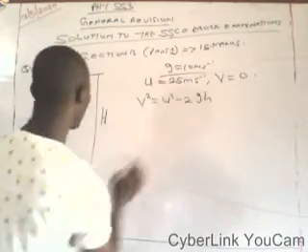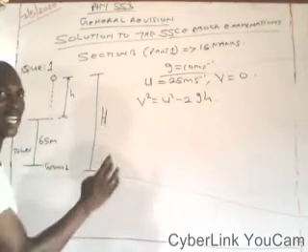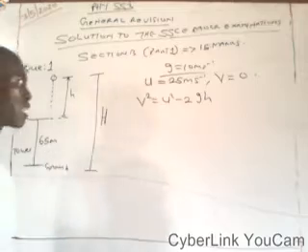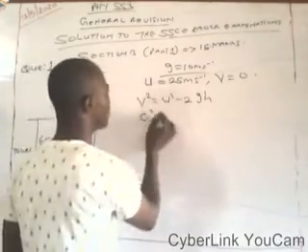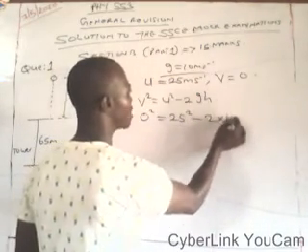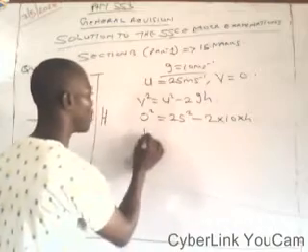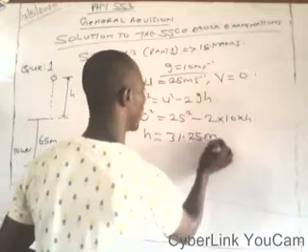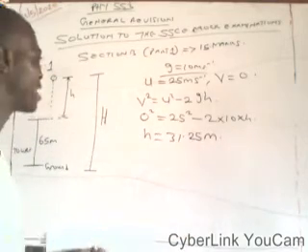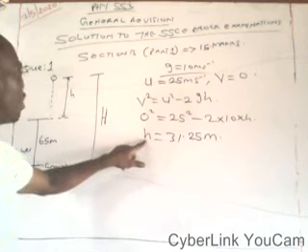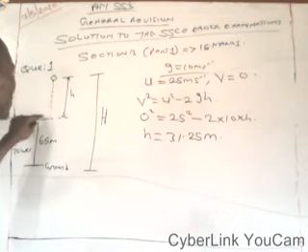After obtaining small h, calculating capital H will be very easy, since you know the height of the tower is 65 meters. My v is 0, so I have 0 squared equals my u, 25 squared, minus 2 times 10 times h. So from here, h will be equal to 31.25 meters. This is the height reached by the object from the top of the tower to this point.